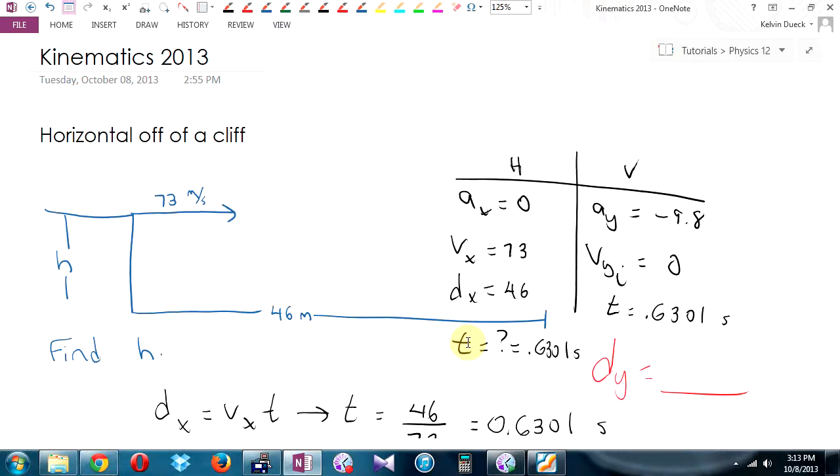Okay. What else? Another thing I could ask for this is your impact velocity. Your impact velocity.